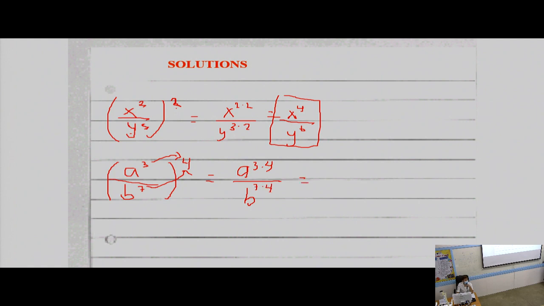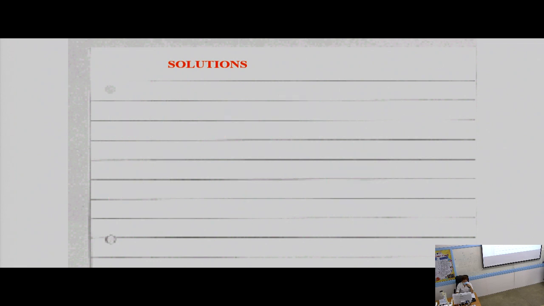And what would be our answer? The answer will be a to the power of 12 over b to the power of 28. And this will be your answer. Okay? Understand? Let's have another one.